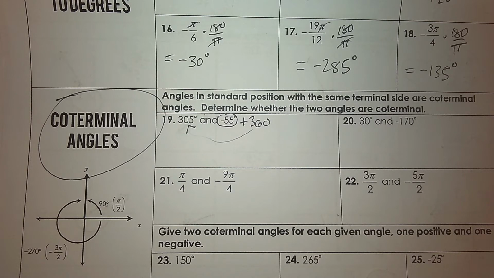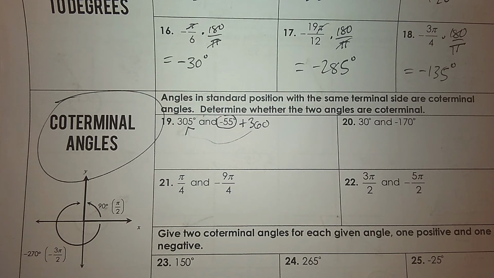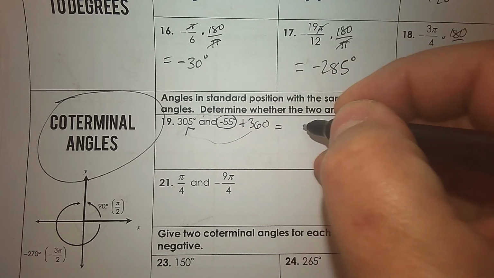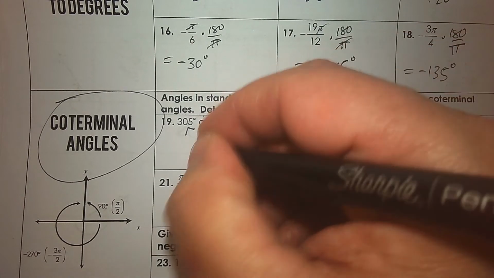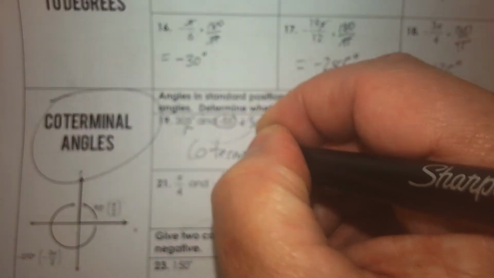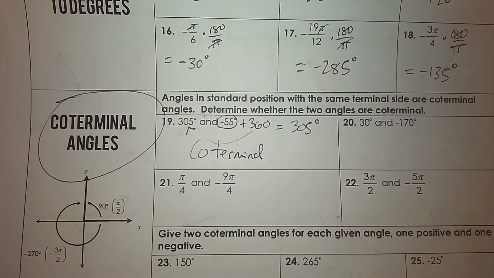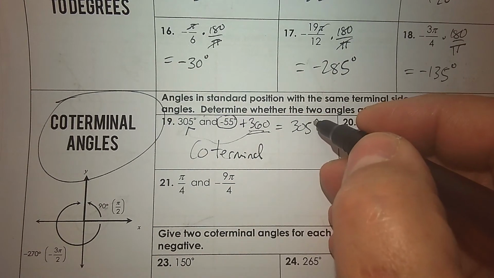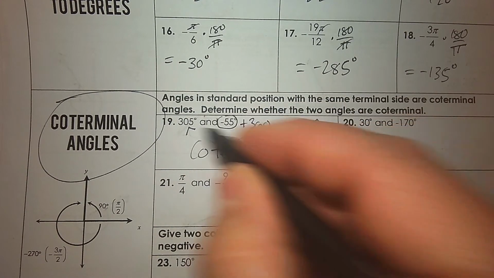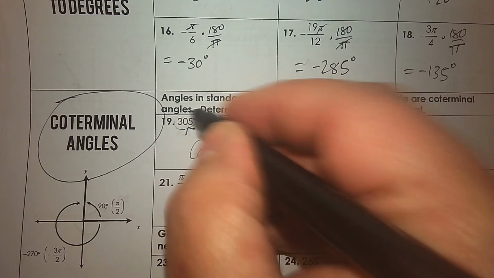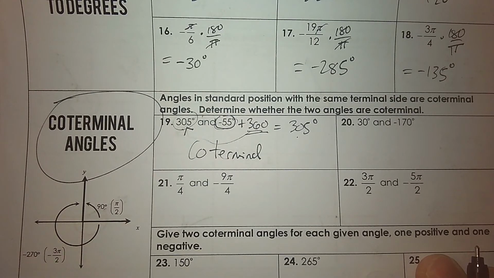So what's 360 and negative 55? That means they are. So if you add 360 and you get the same answer, that means both of these, if you would draw these angles, they would look exactly the same until you measured it.